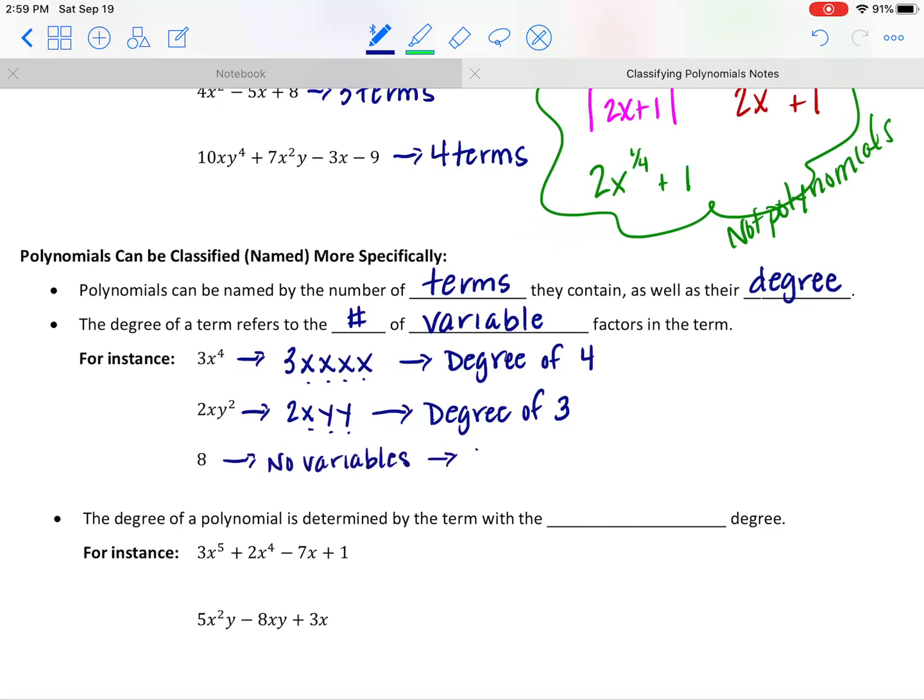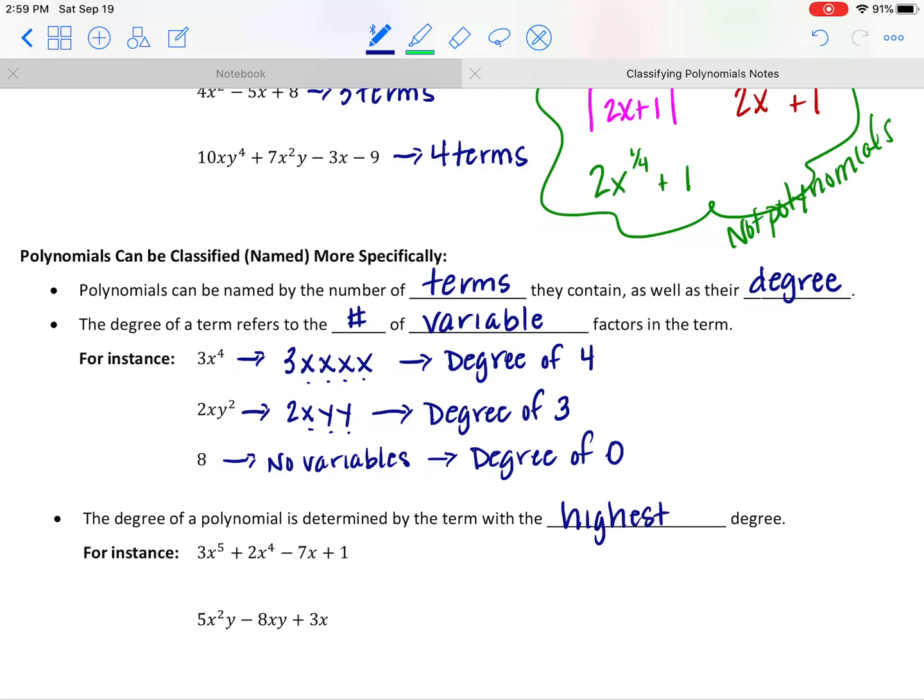That means no variable factors. That means technically it has a degree of 0. Okay, so we have to be able to look at a polynomial and determine how many terms it has and determine the degree of each of those terms. Now the degree for the entire polynomial is going to be determined by the term that has the highest degree.